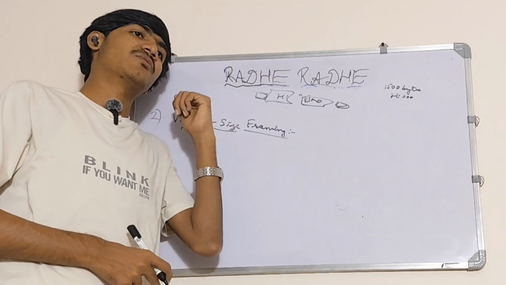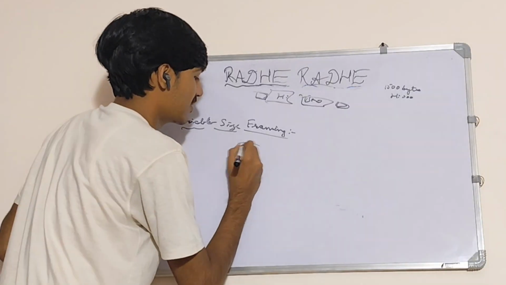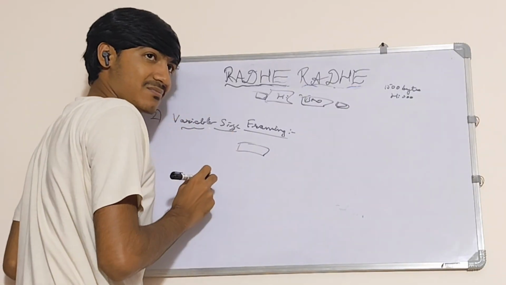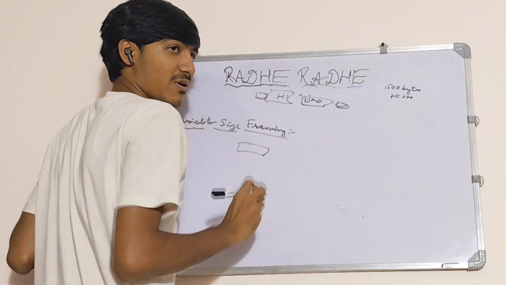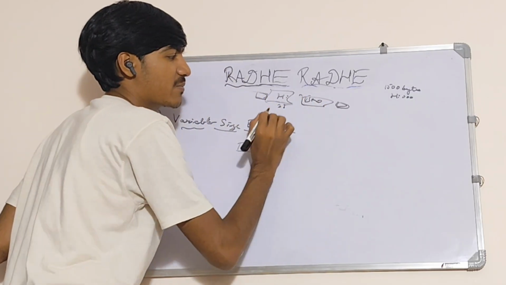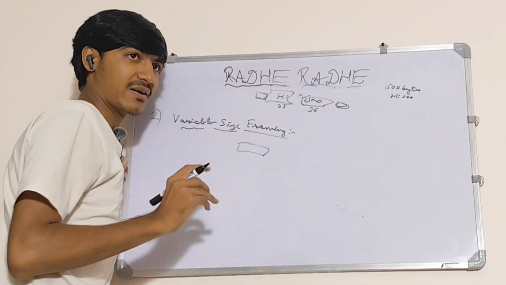Now in variable size framing, he told, okay, you are wasting this much amount of space. What I'll do, I'll just put a length. Suppose I am sending "hi bro", and "hi" occupies 25 bytes and "bro" occupies 35 bytes.